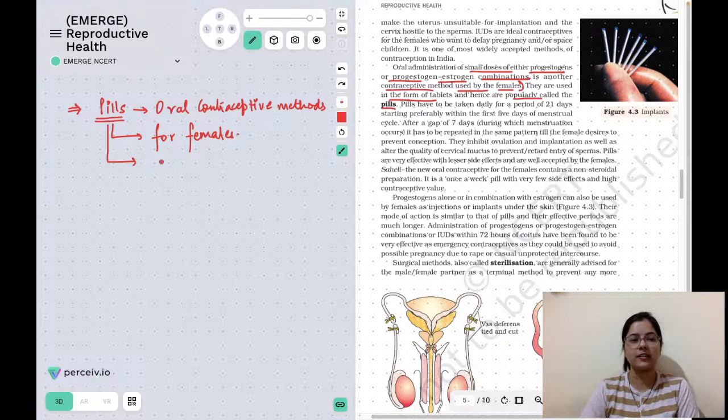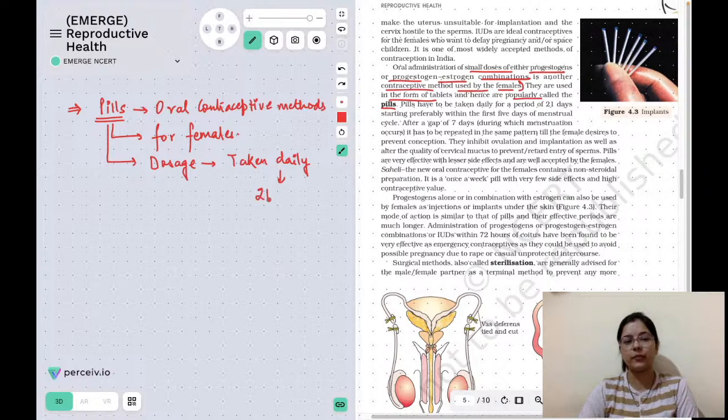Now if you consider its dosage, it is to be taken daily, and that too for a period of 21 days, except the days of the menstrual cycle.